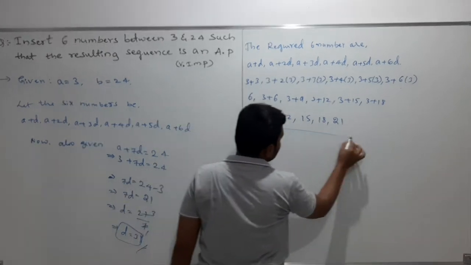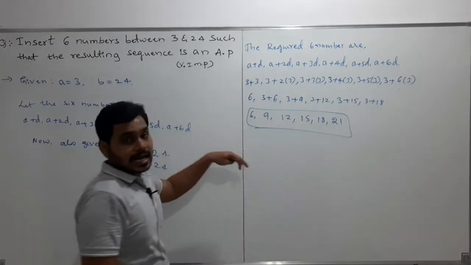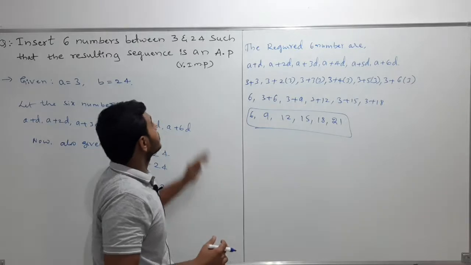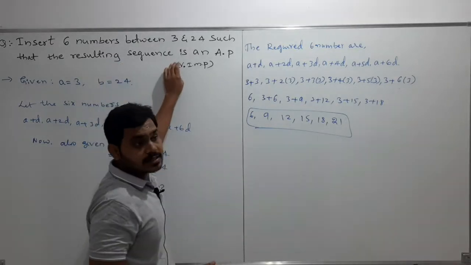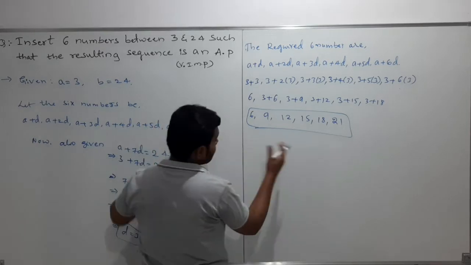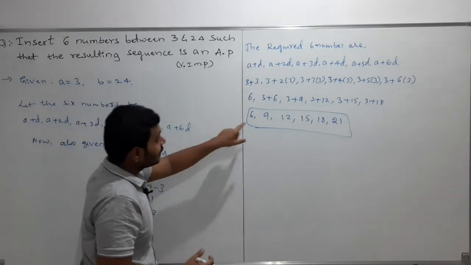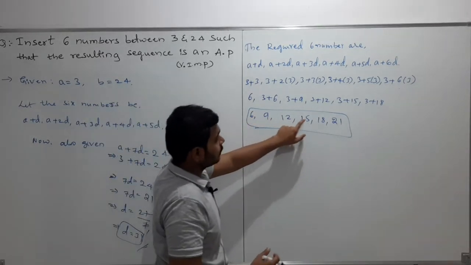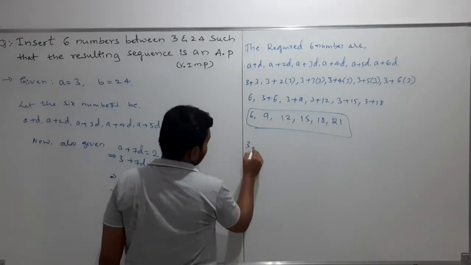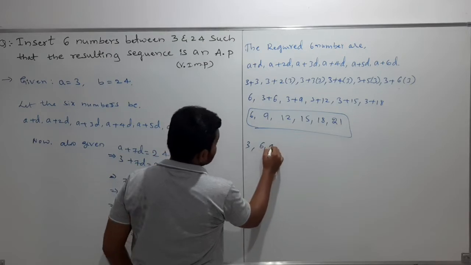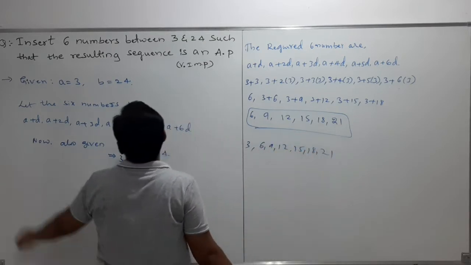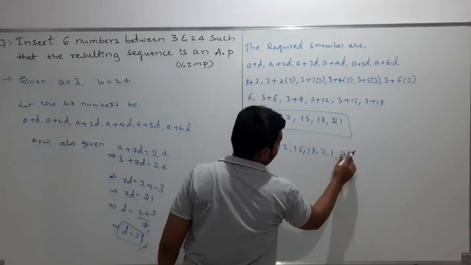So these are the 6 numbers we can insert in between 3 and 24 so that the resulting sequence will be an AP. So after inserting these 6 numbers in between 3 and 24, here it is 3, 6, 9, 12, 15, 18, 21, and the last term is 24.